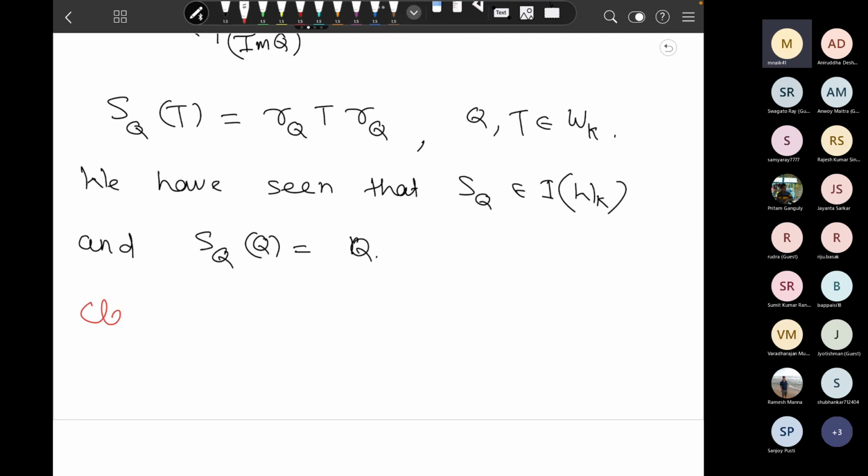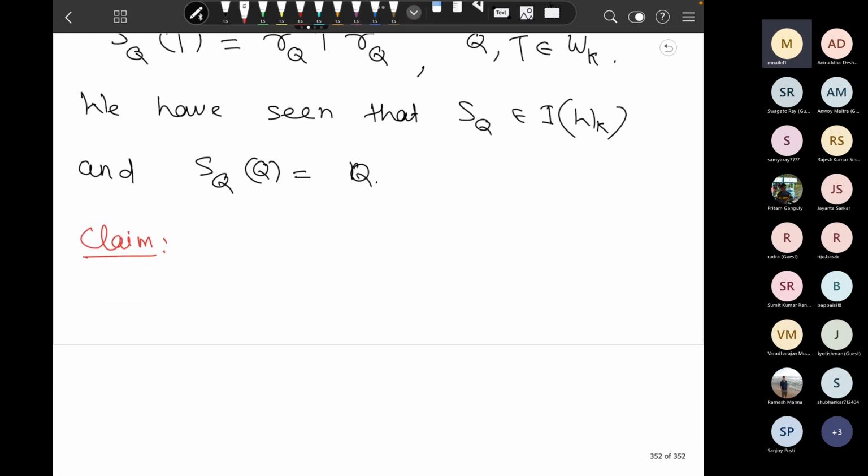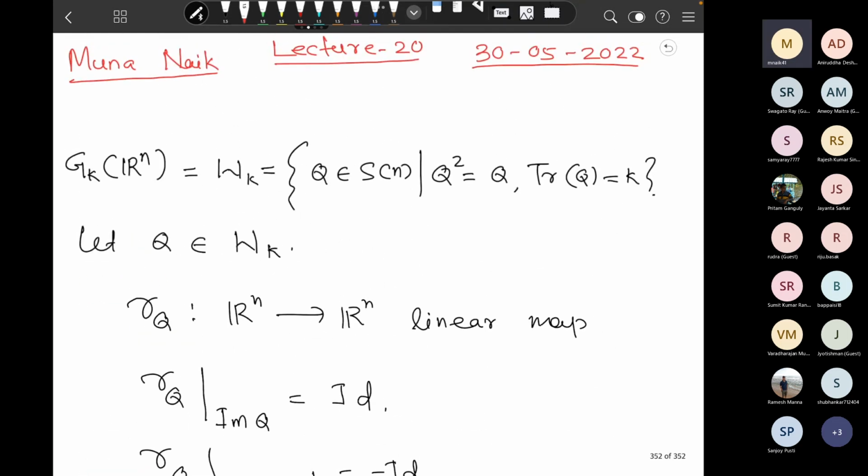For that we need to describe the tangent space of the Grassmannian.